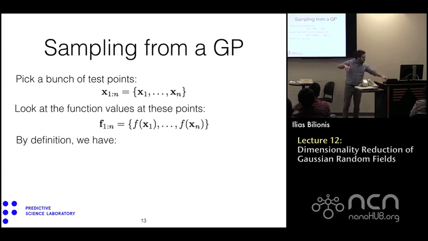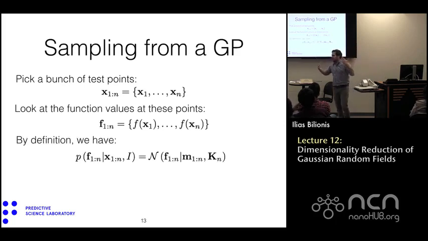Because of the Gaussian process assumption, the distribution of the values of that function on these test points is going to be Gaussian, right? And that mean is going to be the posterior mean of the Gaussian process. It's a vector, posterior mean evaluated at the test locations, and this K is the covariance matrix, n by n matrix, and it's the posterior covariance function evaluated at these points.